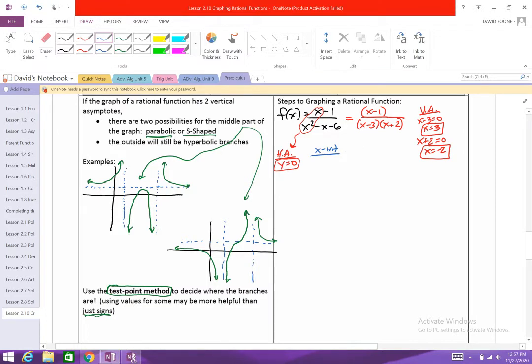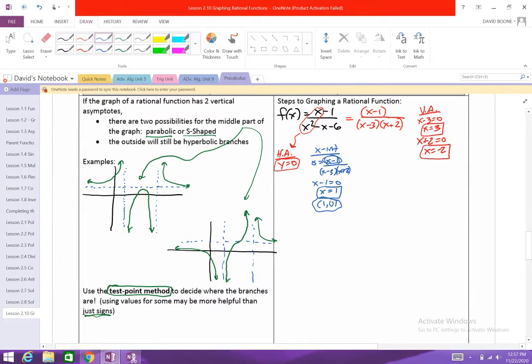So what I'm looking for then, if I put 0 in for y, I'm looking to solve that 0 equals x minus 1 all over the x minus 3 times the x plus 2. So I want to know, when is that 0? Well, that occurs when this part is 0. So that's really all I got to look at is, when is x minus 1 0? Well, it's when x equals 1. So I will have an x-intercept at (1, 0).